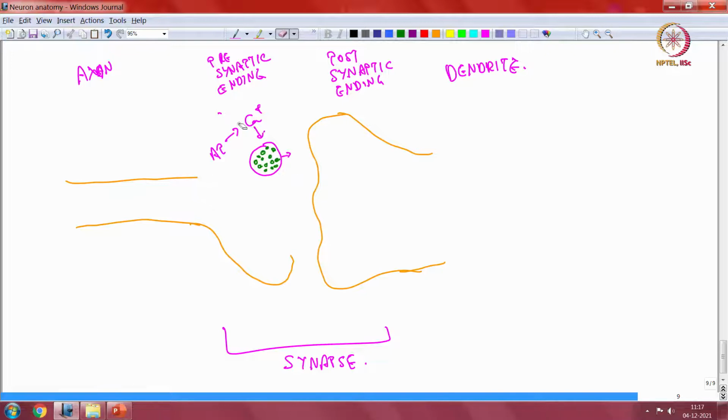Let us see how it happens. In the first stage you have binding, then in the second stage they fuse with the membrane, and in the third stage they open to the synaptic cleft.